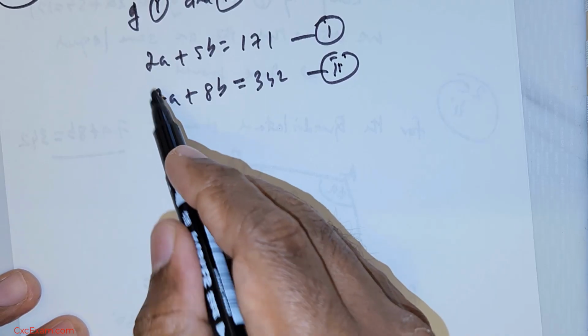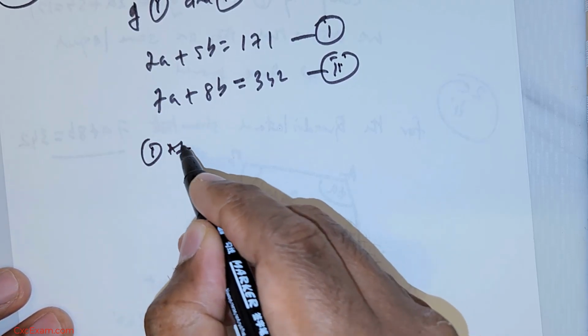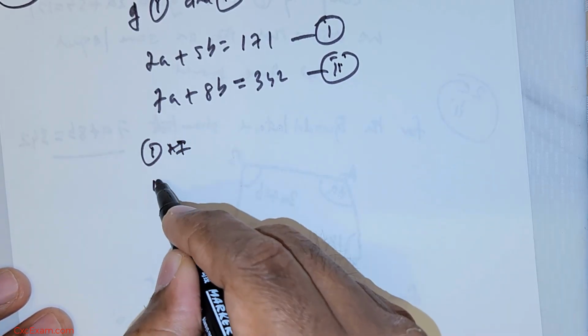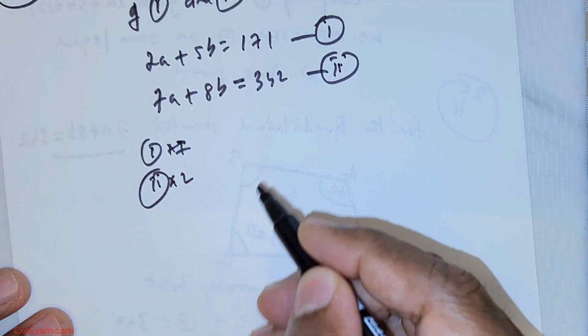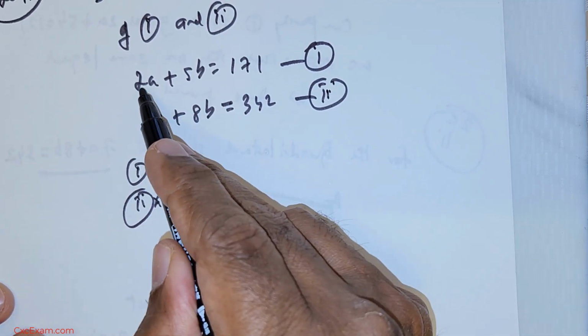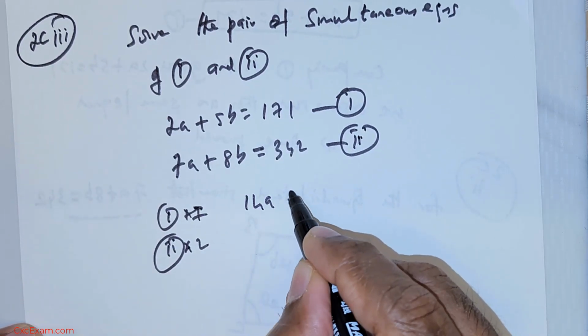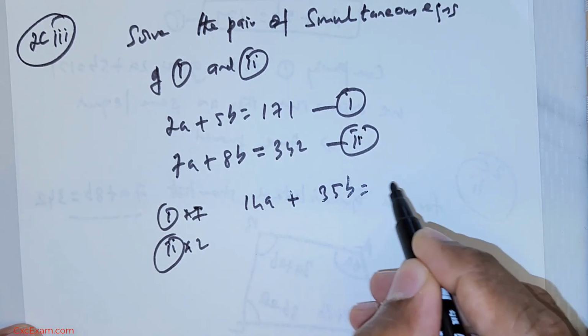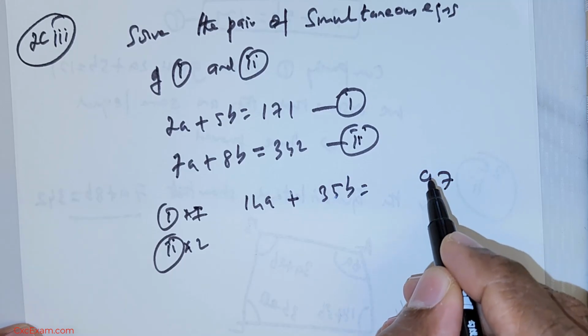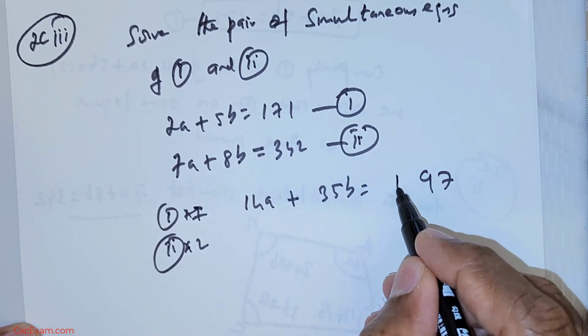Now what I'm going to do is multiply 1 by 7 and 2 by 2. 7 multiplied with 2 is 14a + 35b. 7 ones are 7, 7 7s are 49, 4, 7 times 1 is 7 and you have 11.